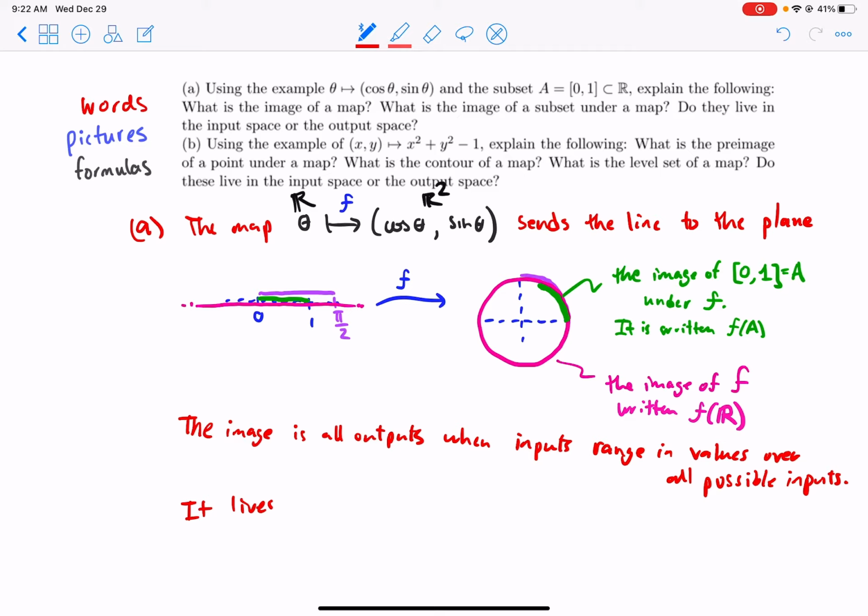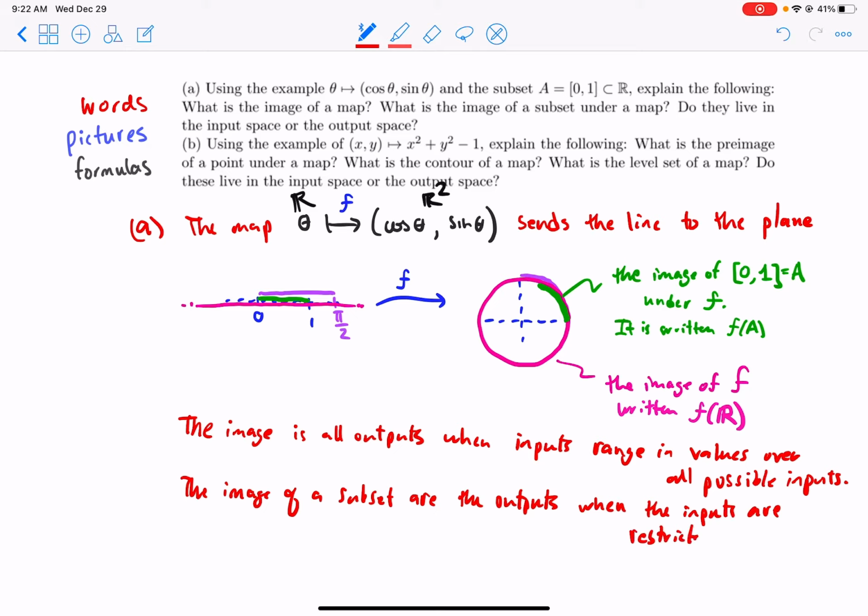Let's say the image of a subset. The image of a subset is what? The outputs. So the image of a subset are the outputs. The image is all the outputs. So these are outputs, but the inputs matter because now the image of a subset are the outputs when the inputs are restricted to that subset.